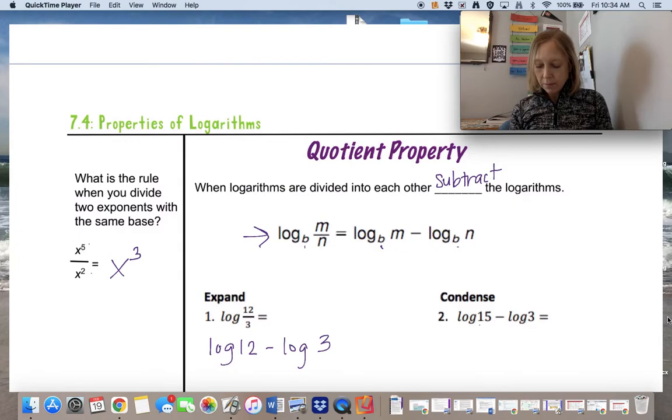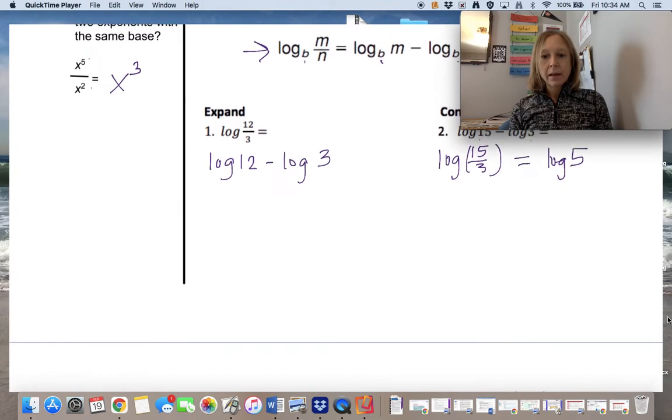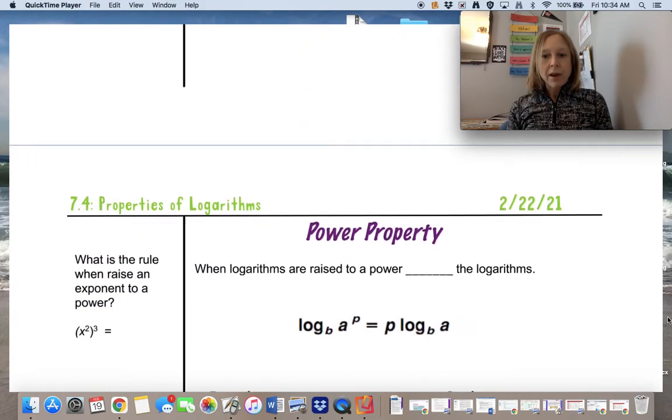They both have the same base. You always need to check for that first. Now I can rewrite this as the log of 15 over 3, and I would want to simplify that further, and I would write the log of 5. Let's try one more, and we'll pause to practice.